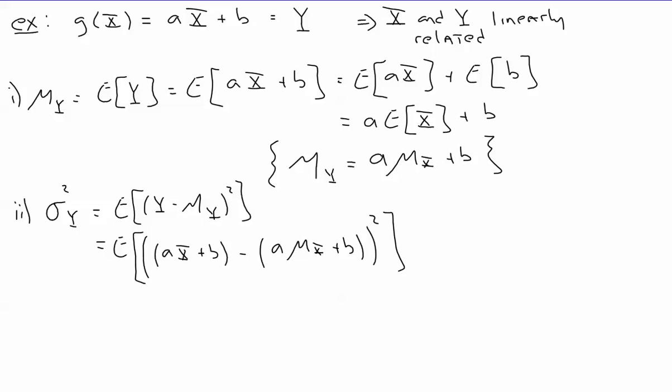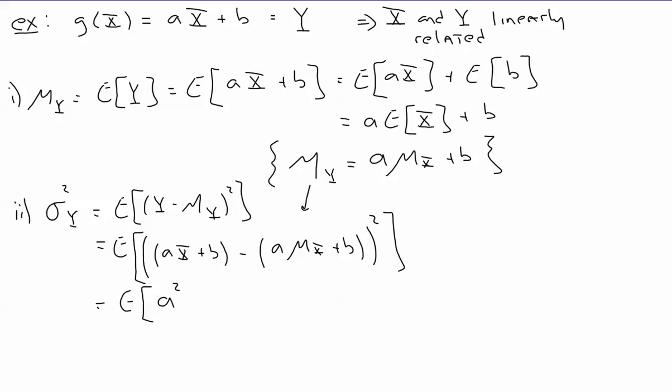All right. I'm substituting in the result from the first part of this example right there. All right. Square this out and simplify it a bit. Well, let's simplify a bit before we square.